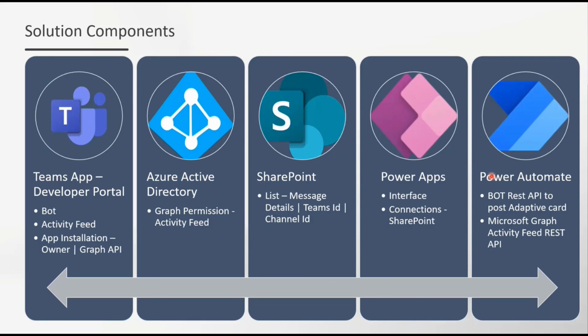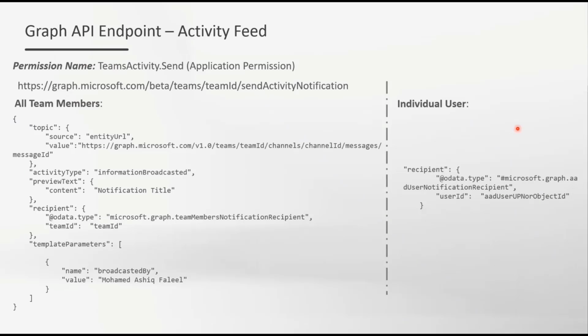And then a Power Automate, which uses a couple of premium HTTP connectors to send the adaptive card and also to call the Graph API. I have used a Power Automate premium action, but if you want to avoid premium connectors, you can also go the Azure Logic Apps route.